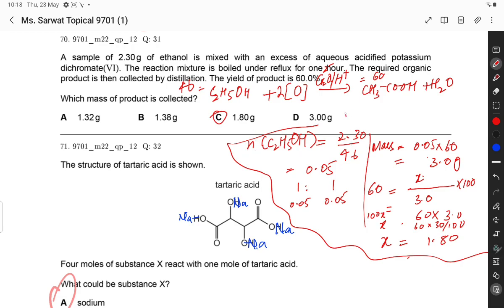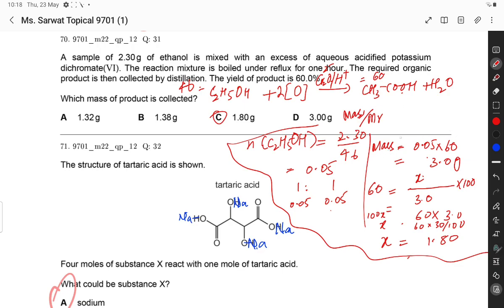The formula is mass over Mr. So 2.30 is the mass of ethanol divided by the Mr of ethanol, which is 46. So the mole is 0.05. By using the 1:1 mole ratio, we get moles of ethanoic acid 0.05.